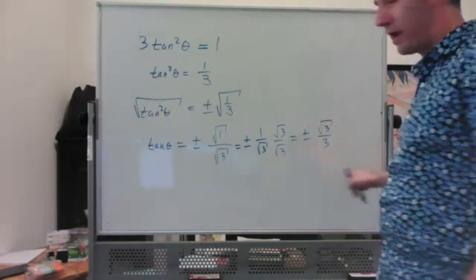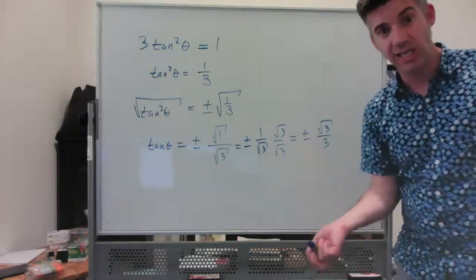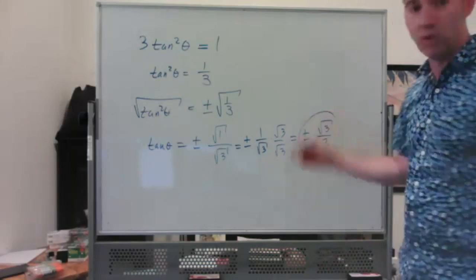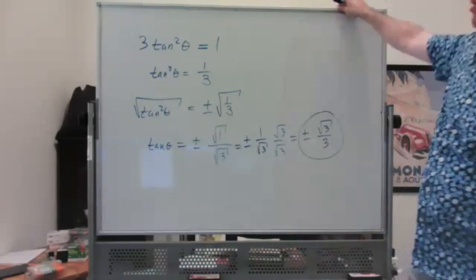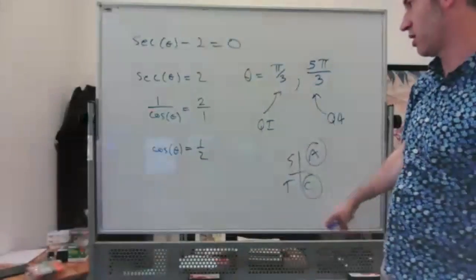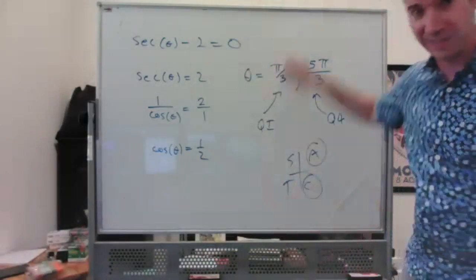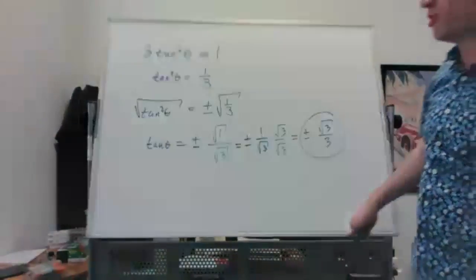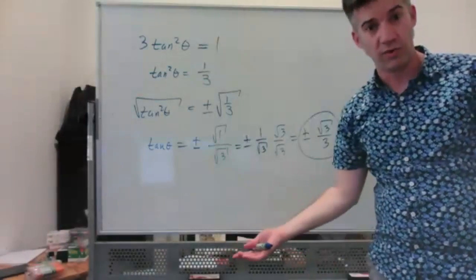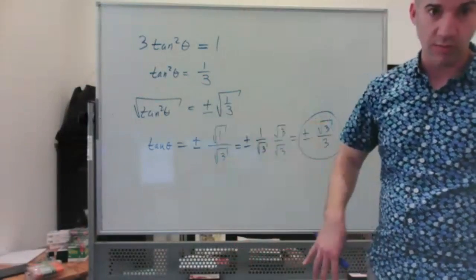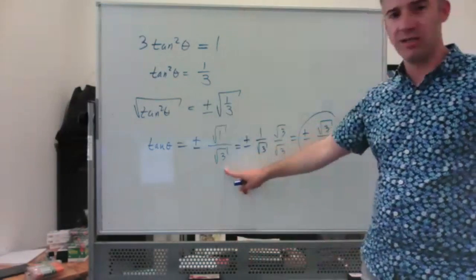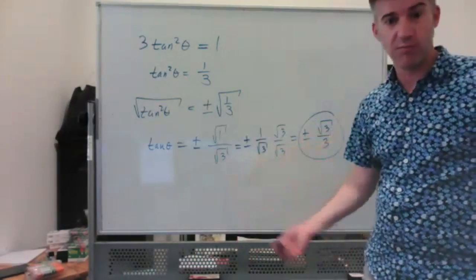This is not required, but the reason I'm doing it is so that it looks like the thing I'm used to seeing. It's the same reason I rationalized the previous problem that I already erased. Because we're more used to seeing cosine equal to root 2 over 2 instead of 1 over root 2. So if you're like, oh, I know that tangent equal to 1 over root 3 is something, that's also fine.